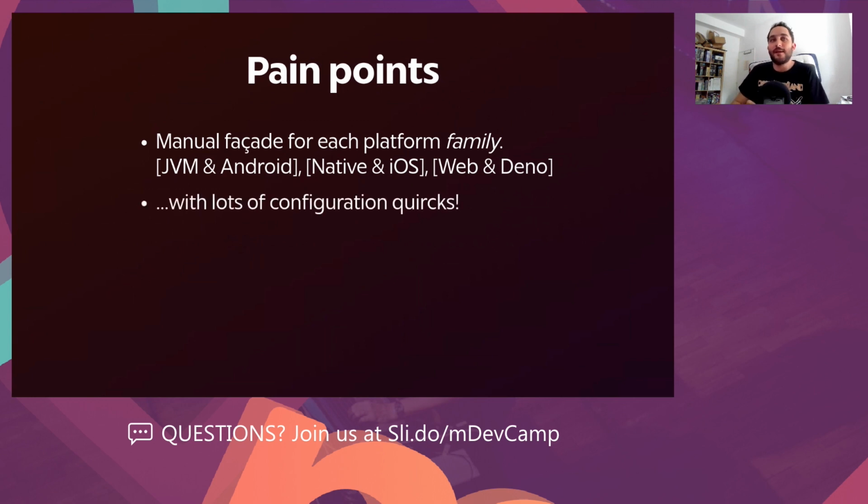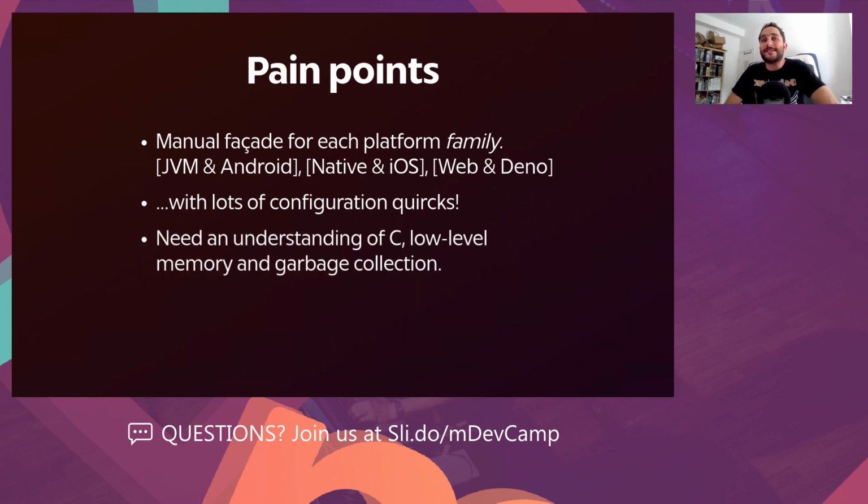And as you've seen, there are a lot of configuration quirks. You need to configure Gradle, CMake, Karma, and a lot of things just so that your tests can load the native code and run correctly. And you need an understanding of low-level C memory and the garbage collector that you're targeting.